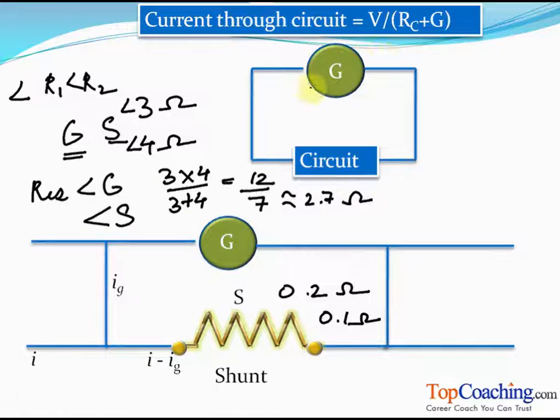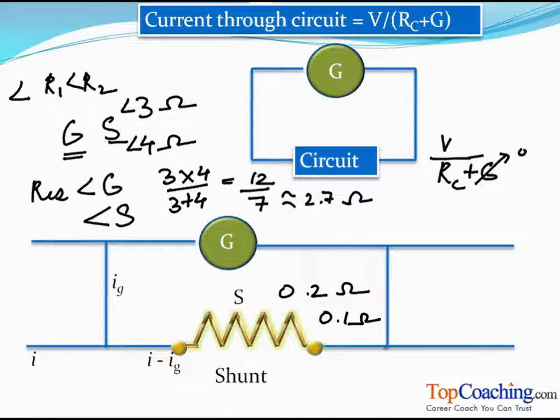Therefore, the new ammeter, the modified galvanometer, detects a current approximately equal to V by RC, where RC is the resistance of the circuit. It does not detect a current equal to V by RC plus G, because G has a very small value in this case. Understood? So that is the reason why we actually connect the shunt resistance in parallel with the galvanometer to convert it into an ammeter.